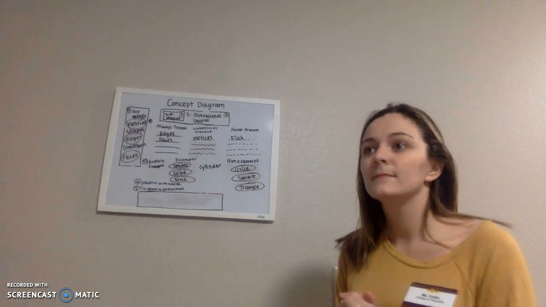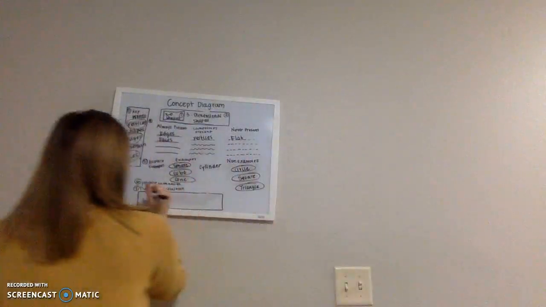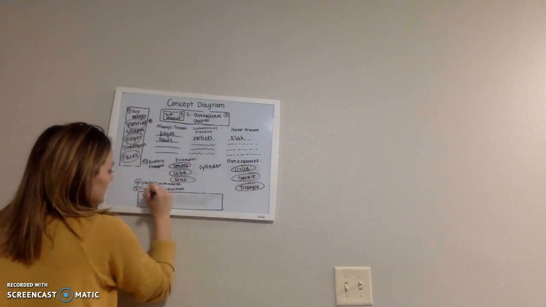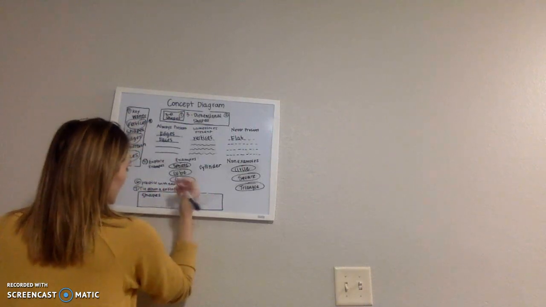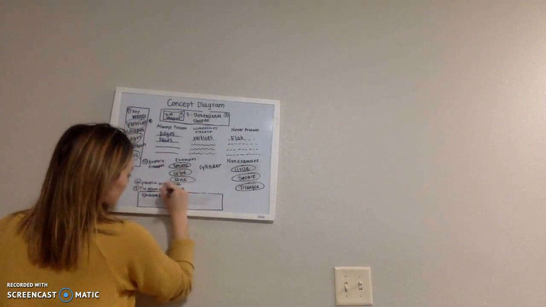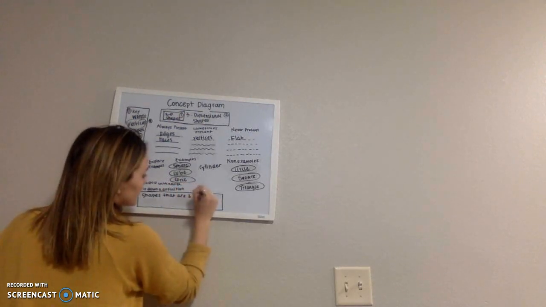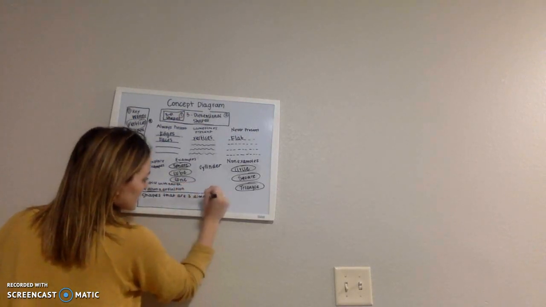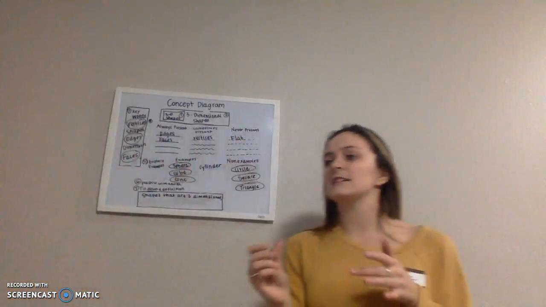Megan? Shapes that are 3-dimensional. Yeah, we could start off with that. So everyone make sure you're writing down the definition in the last box on the bottom. Megan said shapes that are 3-dimensional. But let's add a little bit more to that definition.